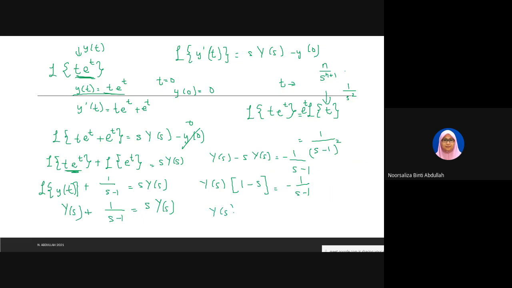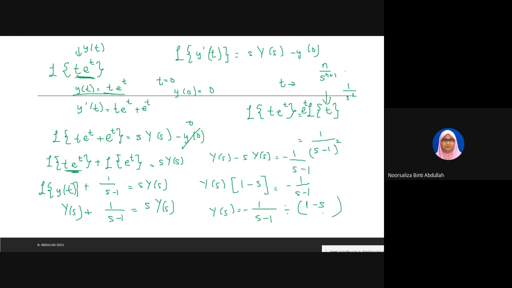Then Y S equals to minus 1 over s minus 1, bahagikan dengan 1 tolak s.